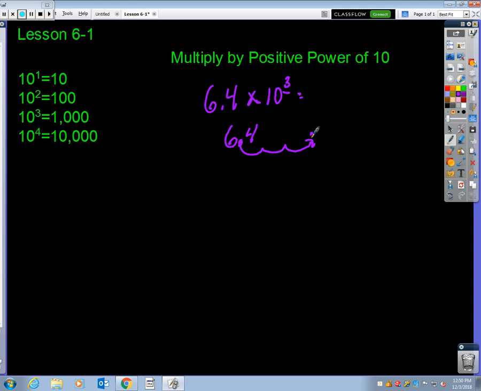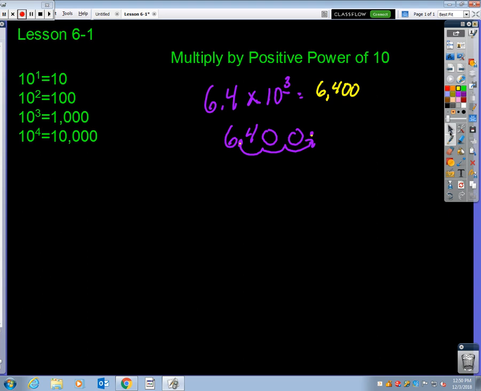And my decimal is going to go here, and everywhere I have that loop I got to put a 0. So 6 and 4/10 times 10 to the third power is 6,400, because the decimal moves from here to here.